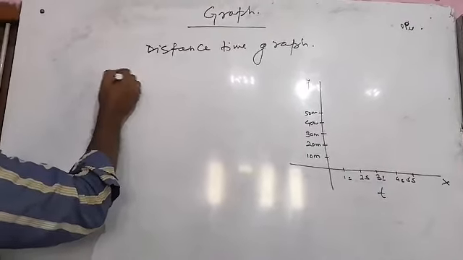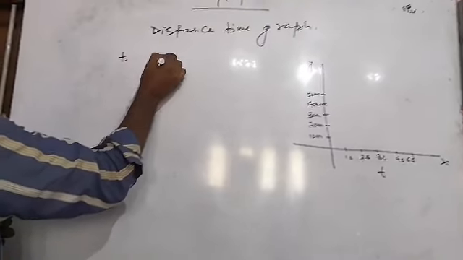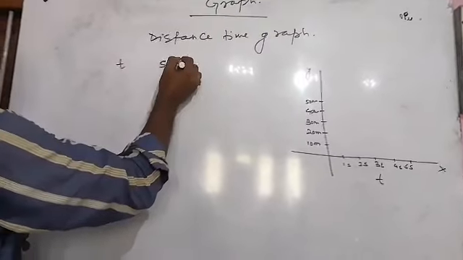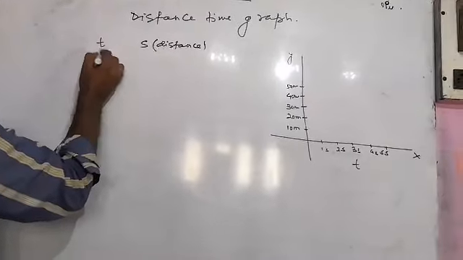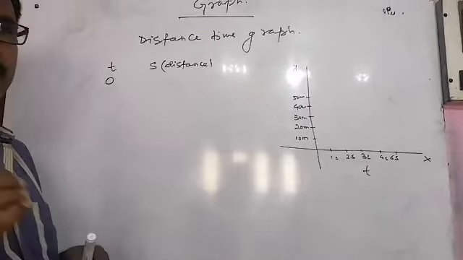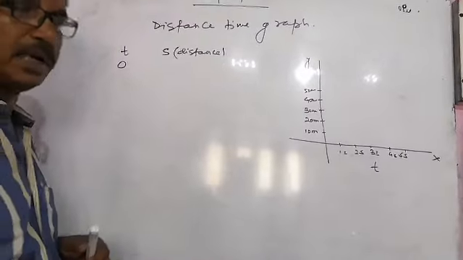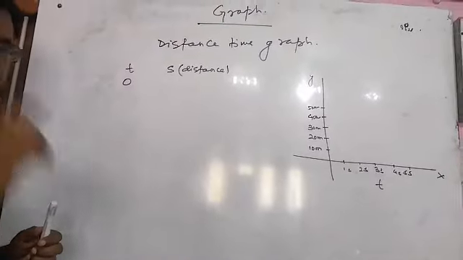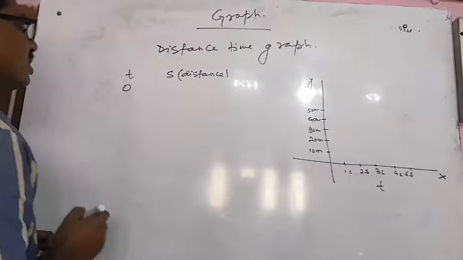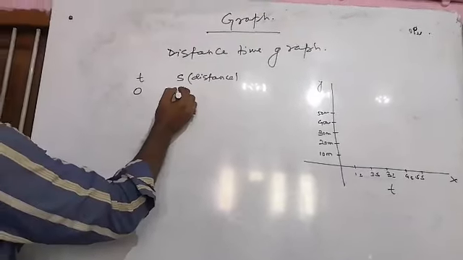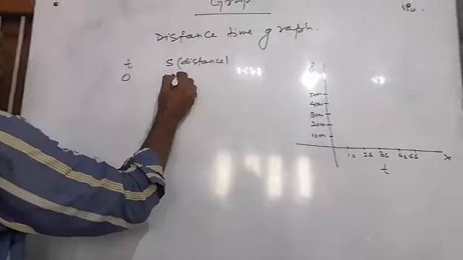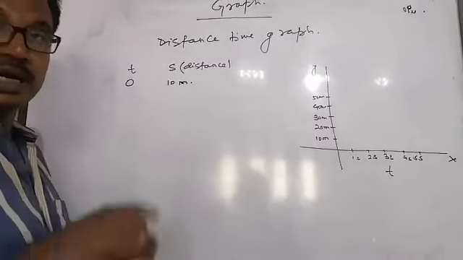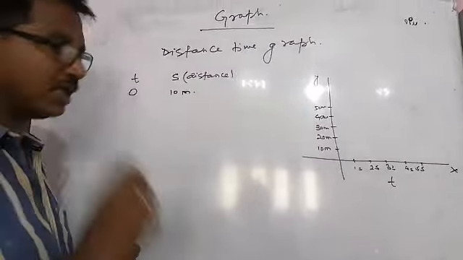This is time and this is distance covered. S stands for distance. At zero time is the moment you started to observe the event. That is 0 second. At 0 second, the body was at a distance of 10 meter from the origin, 10 meter from the reference point, or 10 meter away from you.